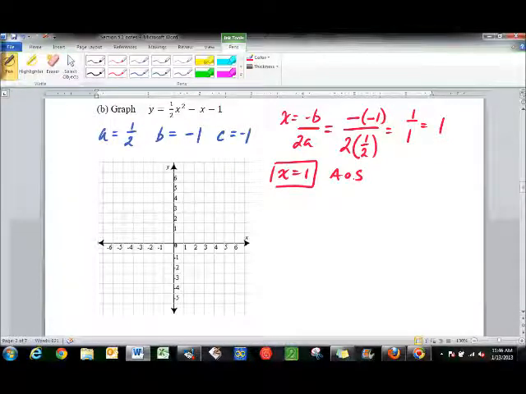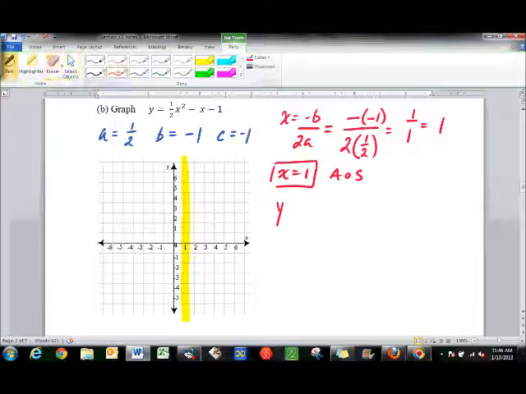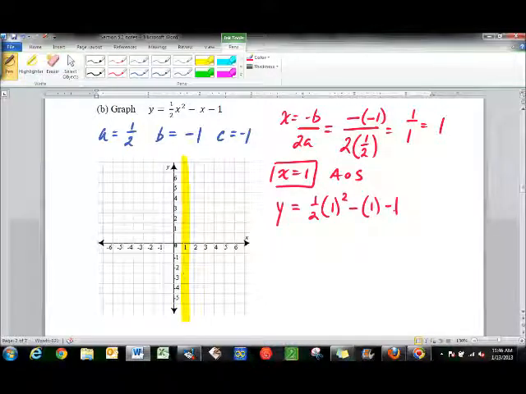I can go ahead and graph that, or give myself a little visual idea of the axis of symmetry, either with a little highlighter, or if you're using pencil, just a little dotted line, something to represent the axis of symmetry. Now I'm going to use this x value to find the vertex by plugging it back into the original quadratic function.